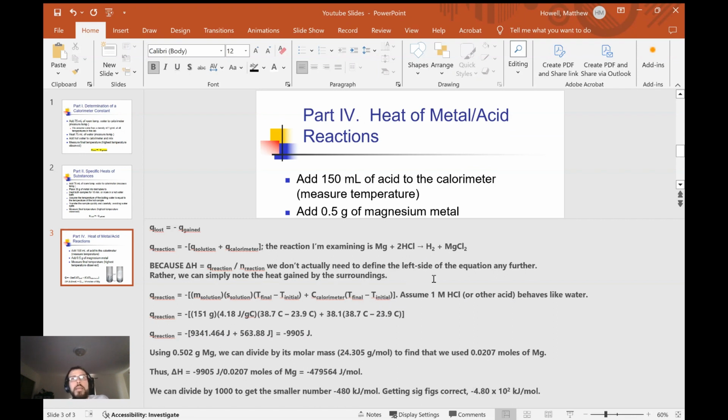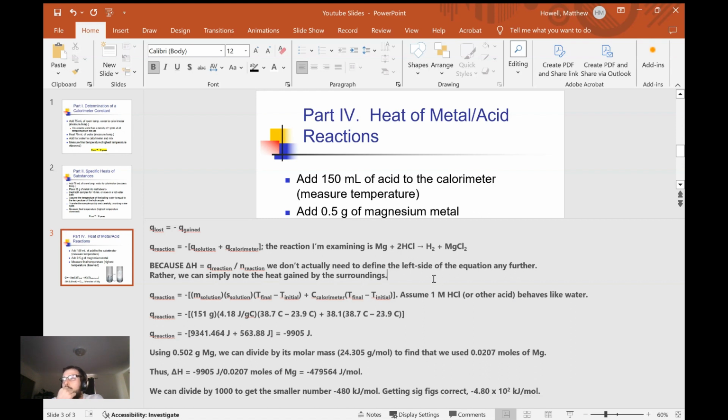What else to say? I don't want to go too in depth, just in case it's not really relevant for you all. But really, when we say that delta H is going to be the heat of reaction over moles of something, we're really talking about the moles of reaction.